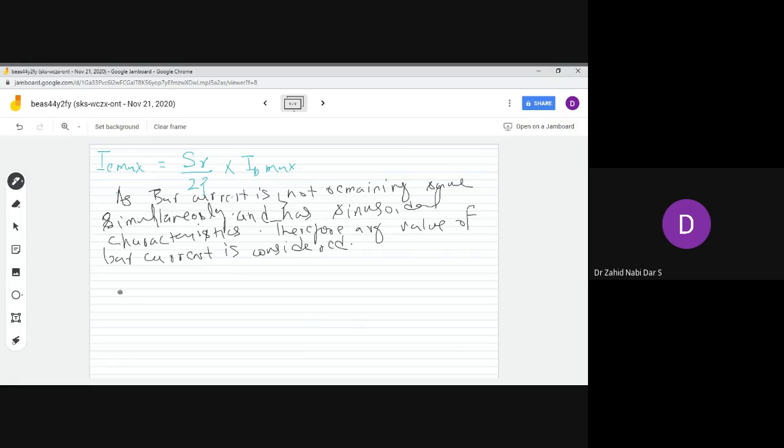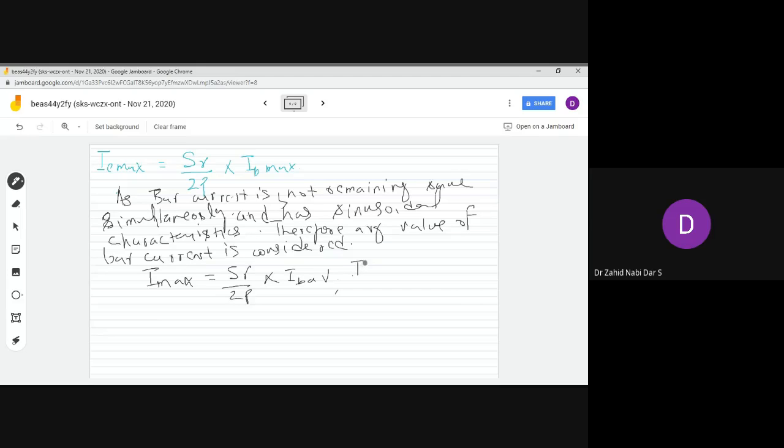Now, your I max entering current would be equal to SR by 2P into IB average. Now, the IB average value, see, we know that the average value is equal to 0.636 or 2 by pi. We have studied average value and RMS value.